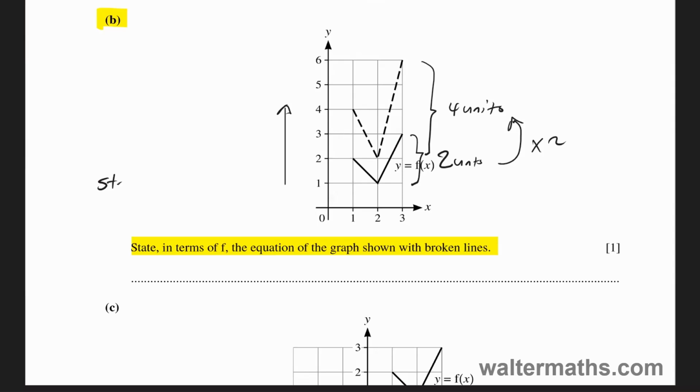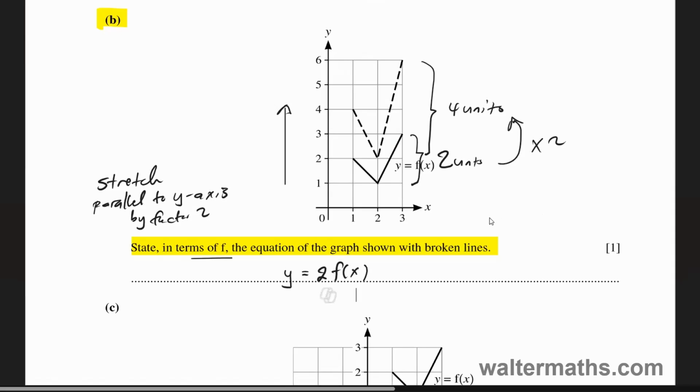It's basically a vertical stretch, so a stretch parallel to the y-axis by factor 2. But here they want, in terms of f, the function notation for that, which would simply be 2f(x). That's essentially what's going on here. So that's how we can answer that particular question.